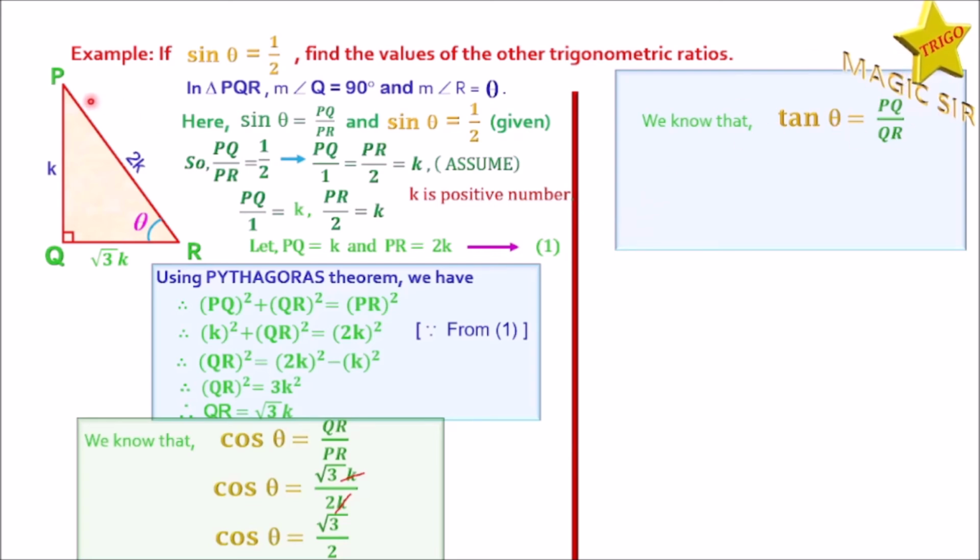We know that tan theta is equal to PQ upon QR by definition.